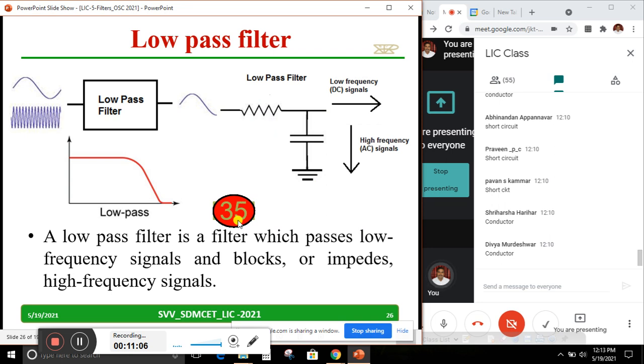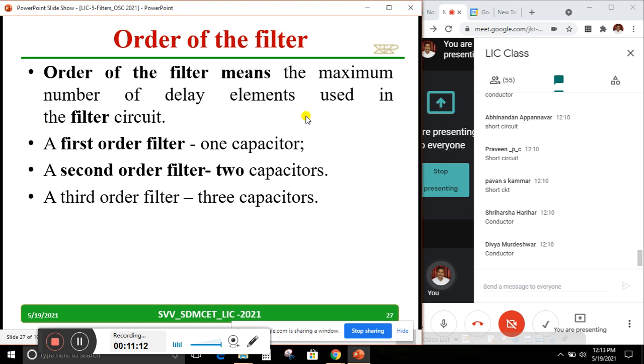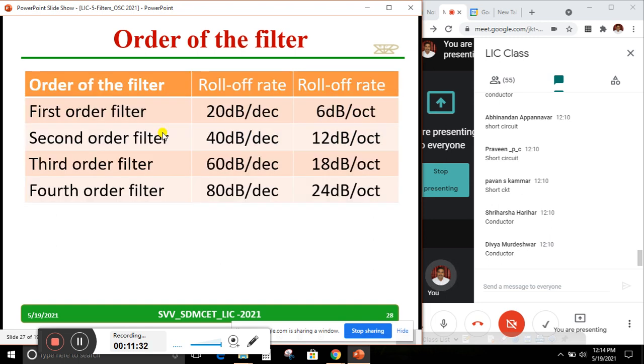Okay, let us go to the next. Order of the filter means the maximum number of delay elements used in the filter. If I am using one capacitor, it's the first order. If I am using two capacitors, it's the second order. If I use 3 capacitors, it's definitely a third order filter. This is one point you have to remember.